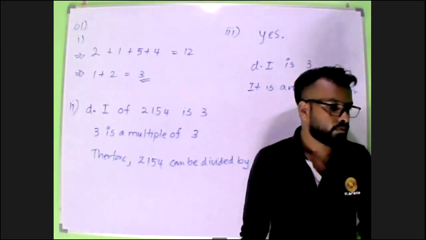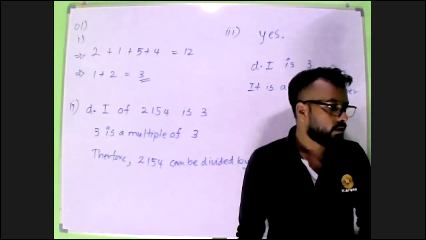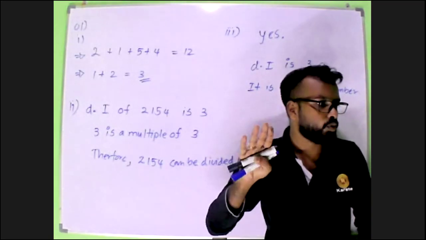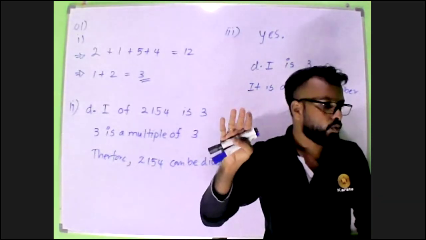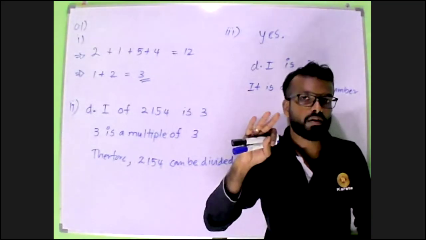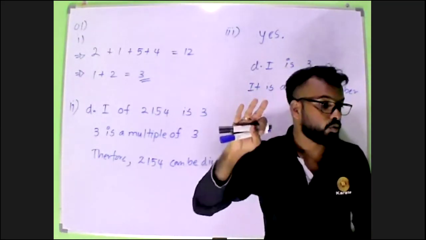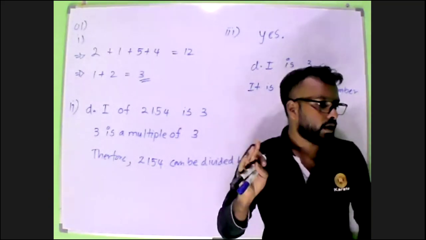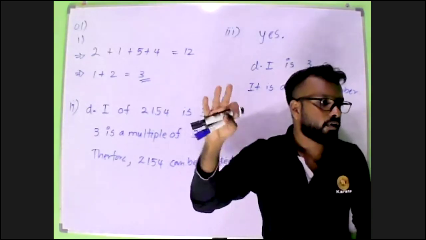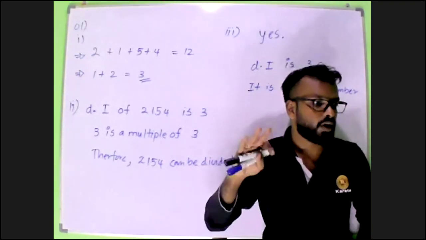So there are 3 cards, 2, 3, and 5, and you have to find how many numbers can be formed by using 2, 3, and 5, which are divisible by 5 without the remainder.